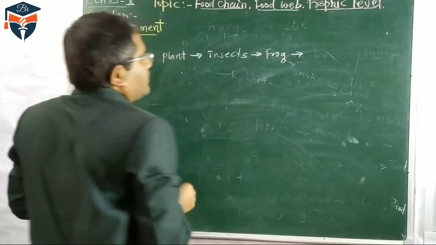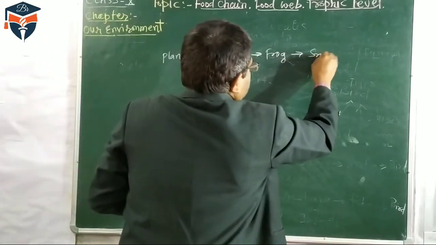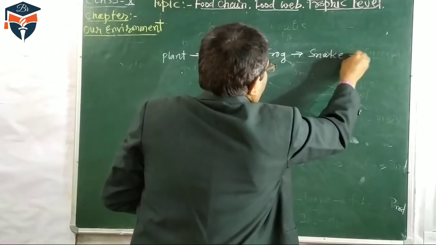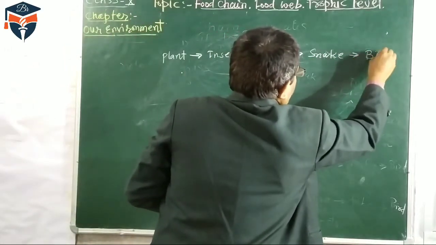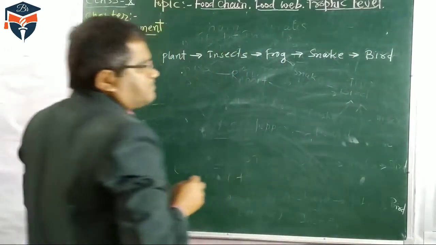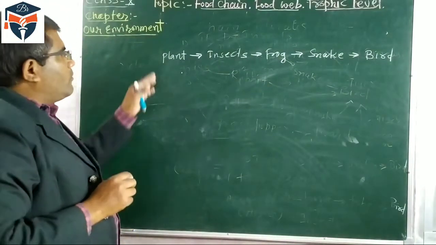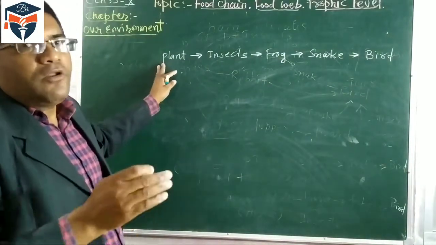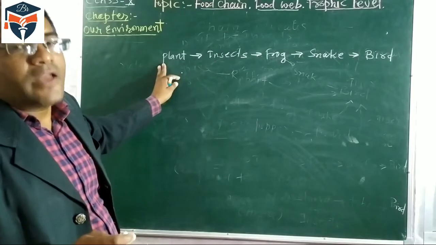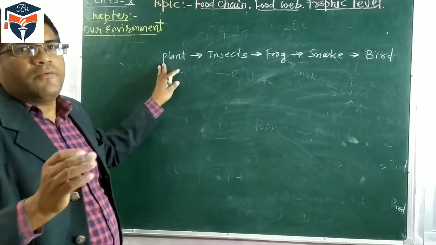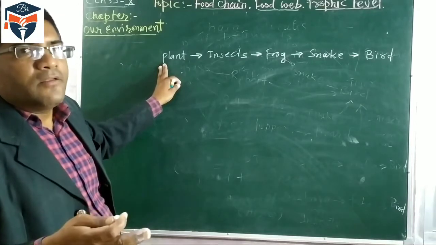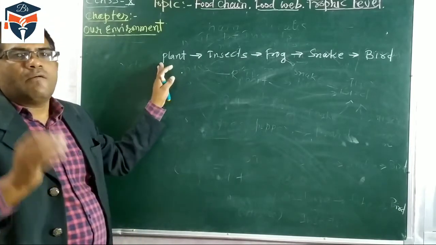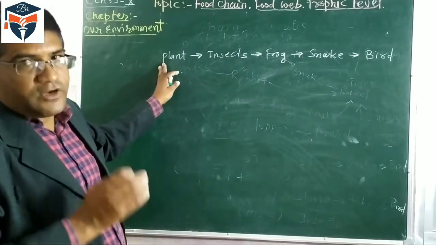Frog is fed by the snake. And this is the bird. So it is a long food chain. In an ecosystem, the longer food chains occur very few. In an ecosystem, there are these short food chains. And why? Because inside a food chain, availability of energy decreases.